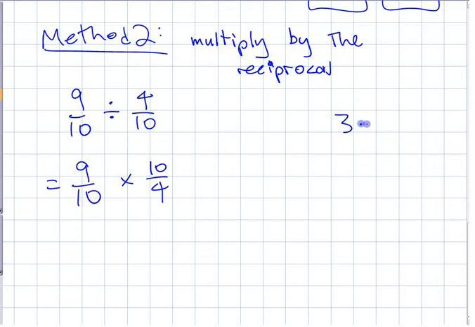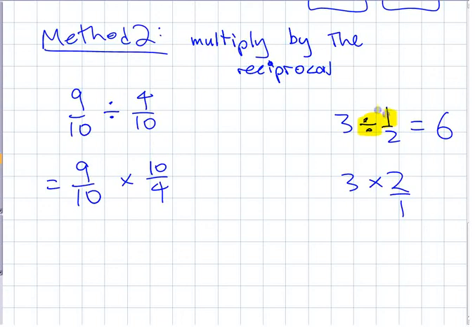You remember when you did 3 divided by 1/2 before? What was the answer to that? 3 divided by 1/2. How many halves fit into 3? It was 6, right? When you go 3 divided by 1/2, you're actually doing 3 times what? 3 times 2, right? 2 is like 2/1.